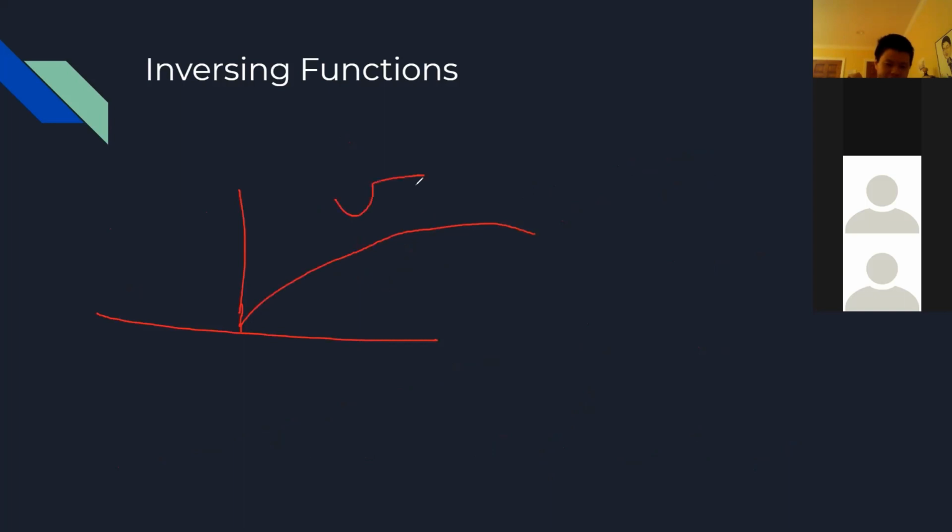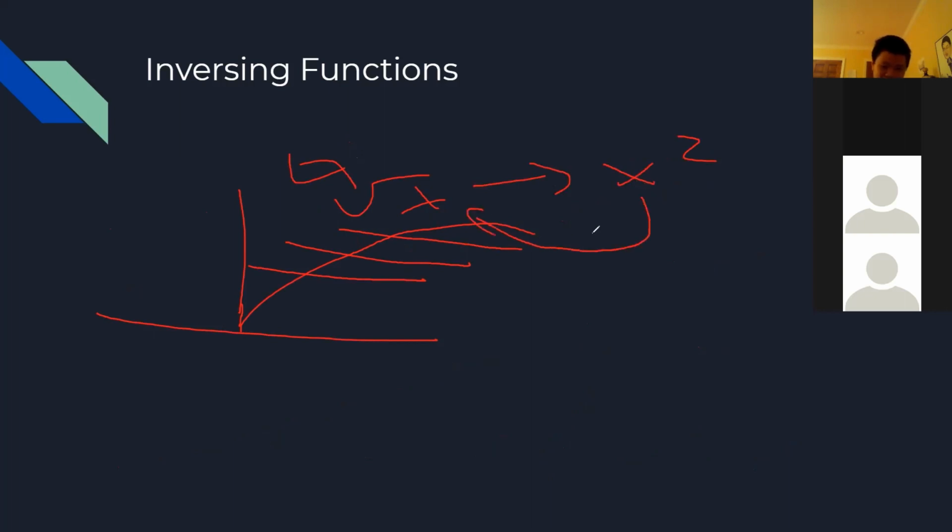Now, an interesting thing about x squared is square root x. First of all, the domain of this is all non-negative numbers, and it fulfills the one-to-one basis. So it does have an inverse, x squared. However, x squared does not have an inverse. The only reason square root x has an inverse here is because of its domain issue.